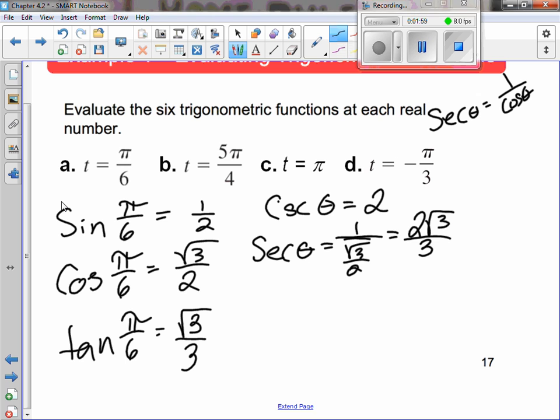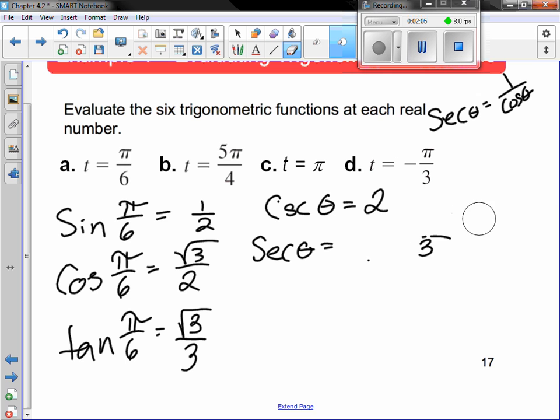Or essentially, instead of doing 1 over, what we could have done is 2 over the square root of 3, because it's the flip. Then we have to rationalize the denominator, which would be 2 square root of 3 over 3.